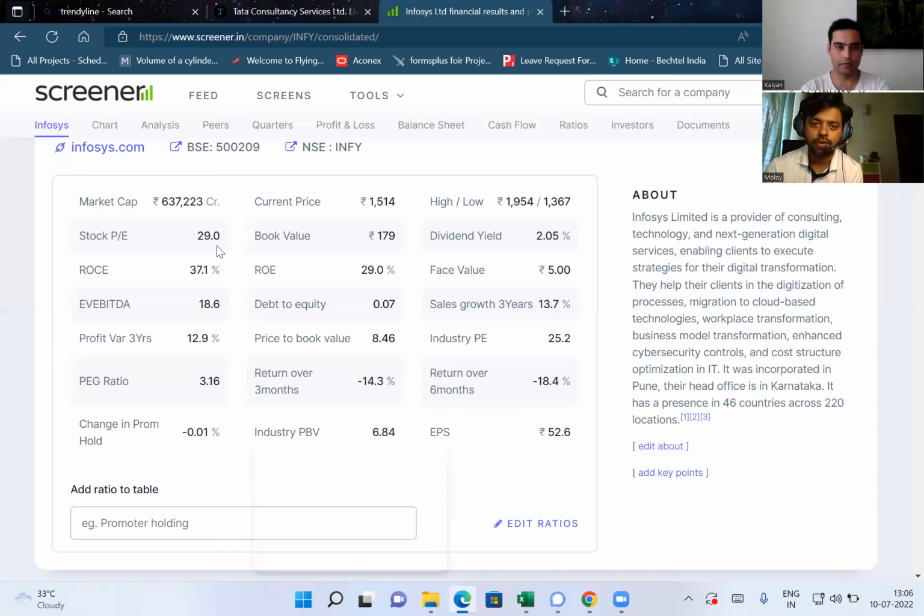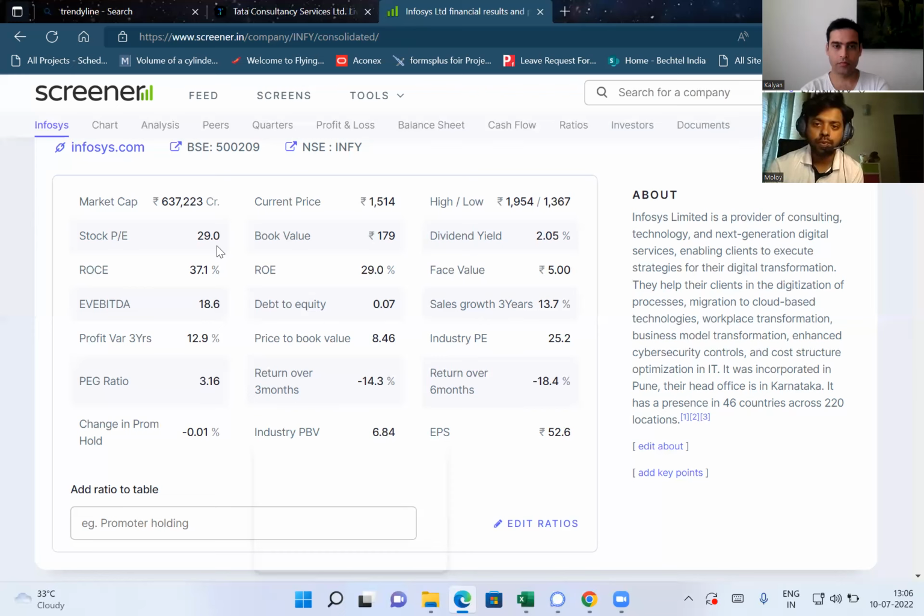The other important term, which I spoke about in earlier videos, is the debt to equity ratio. The cash reserves which the company has, plus the equity value of the company, sit in the denominator, and you have the debt as the numerator.